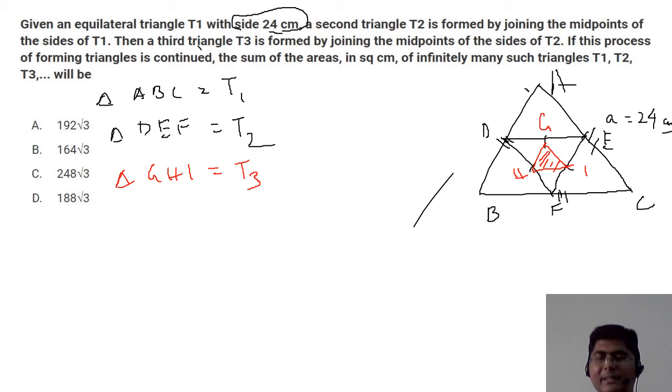Correct? Now what is next? If you just put another triangle, let's say this can be another triangle. So on, this process is continuing, right?